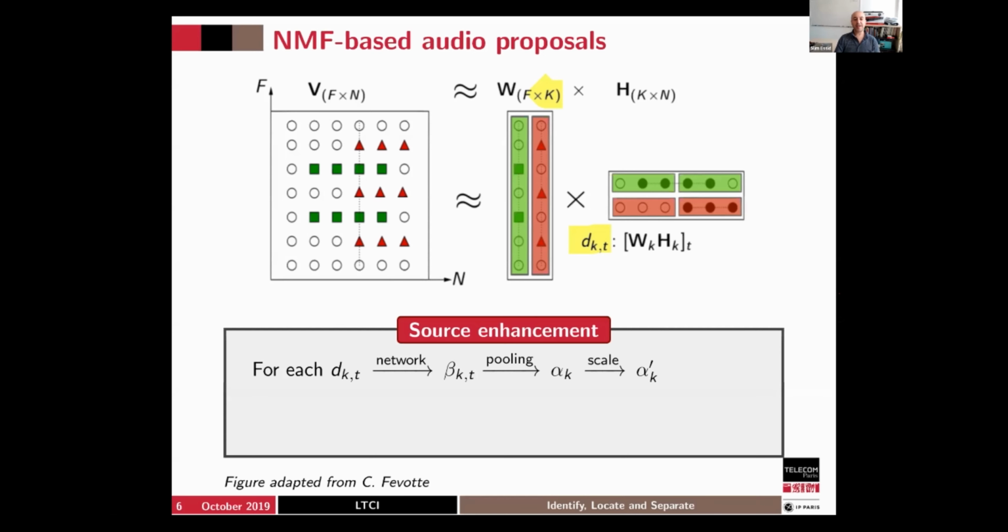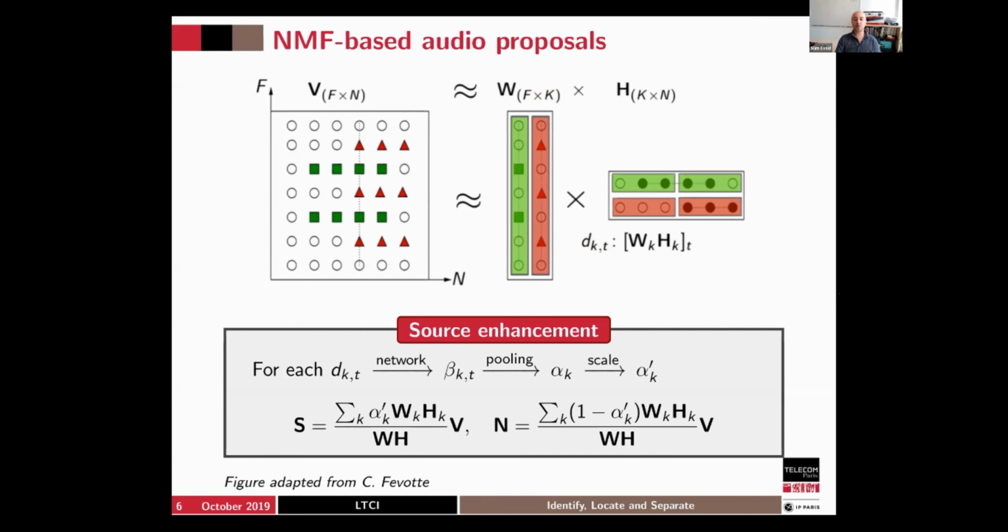Compared to the previous simpler audio proposal approach, we now have K tracks of segment proposals instead of just one. What is nice is that a byproduct of this is to allow us to perform source separation. How? Simply by aggregating the NMF components using the relevant scores for each class.